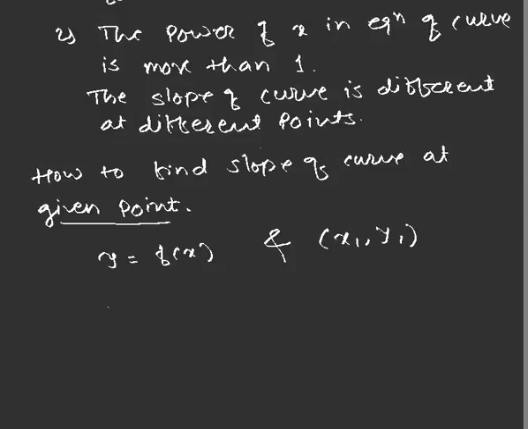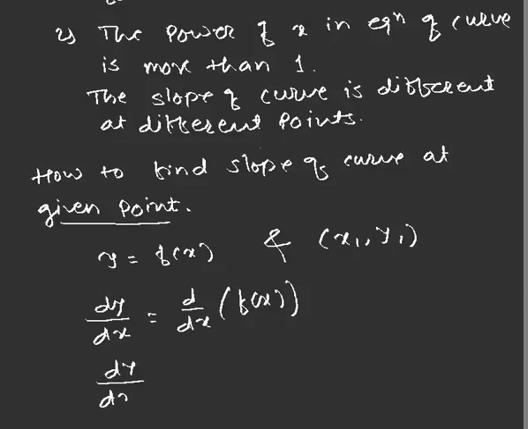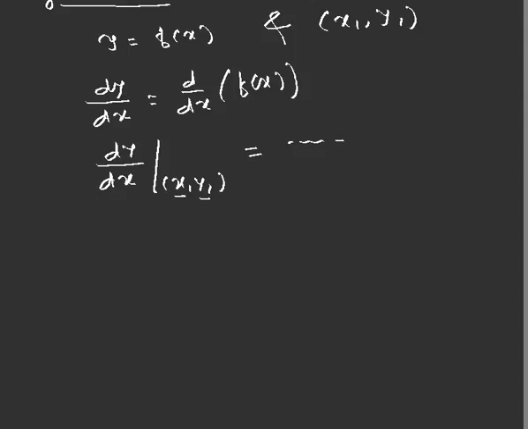Simply what we will do, we will find the derivative dy by dx of this given function, whatever it may be, f of x, and then find dy by dx at that given point x1, y1. Means we put the value of x and y in this equation. We mostly need to put just x, and whatever value comes, this is the slope of that equation at that point.